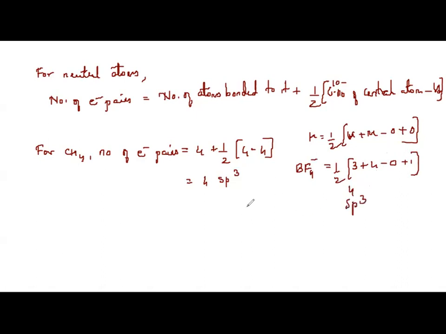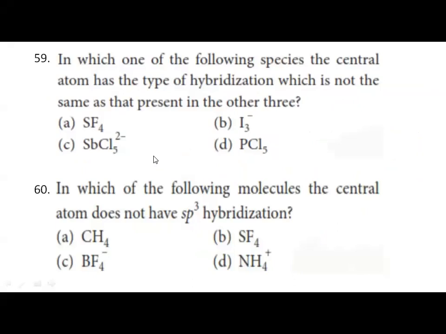For NH4+ also, it is sp3; we have done it many times. Whereas for SF4, what is the hybridization? Half of sulfur's 6 plus 4 minus 0, so 10 by 2 is 5. So it is sp3d. You can use the direct formula for this. So it is different for SF4.